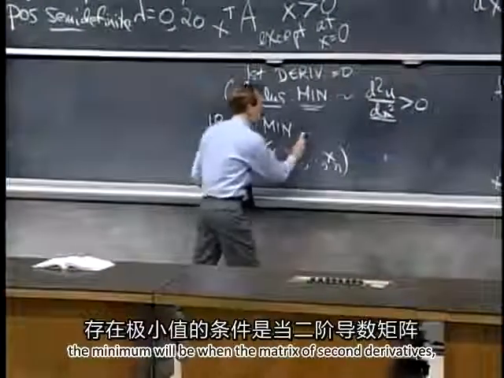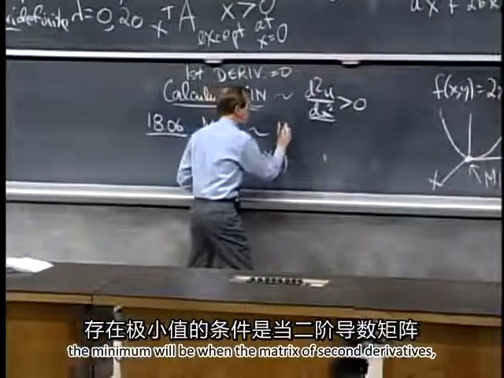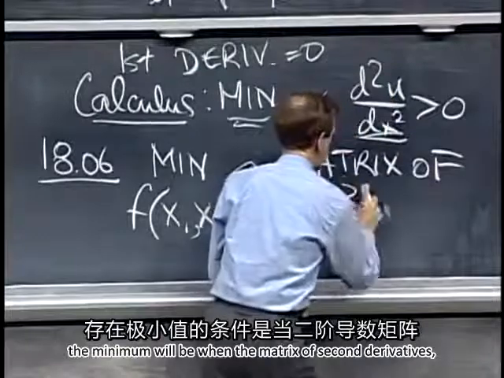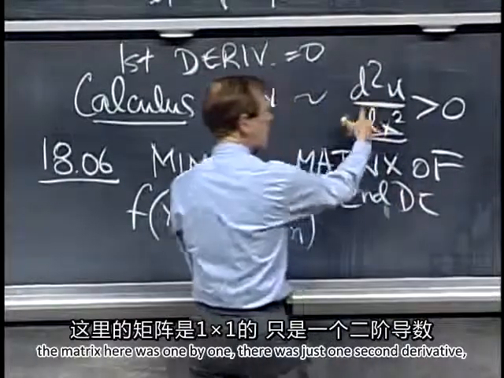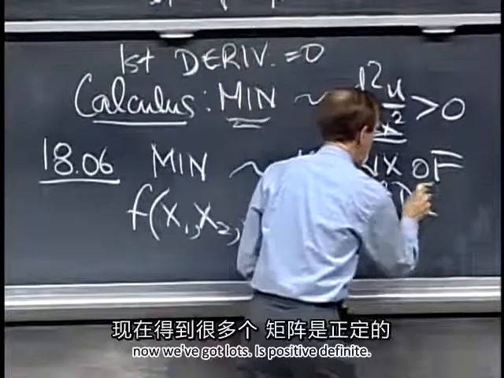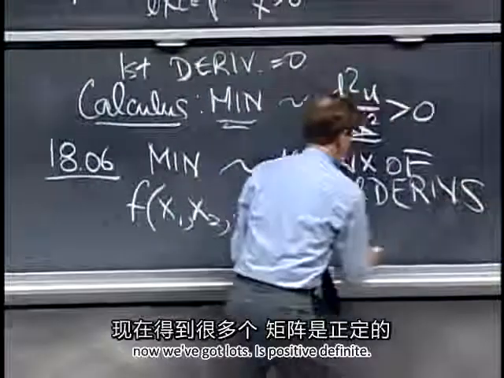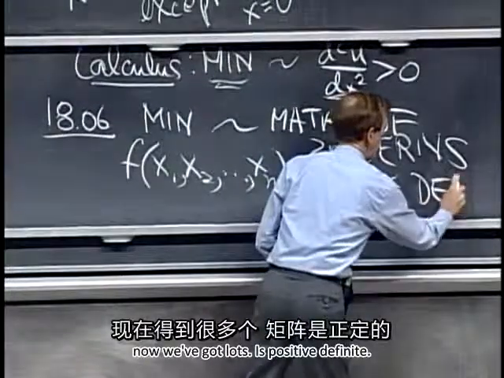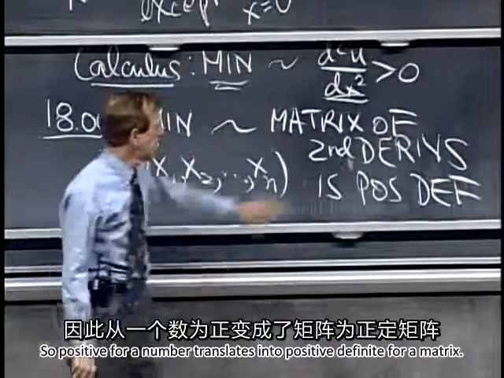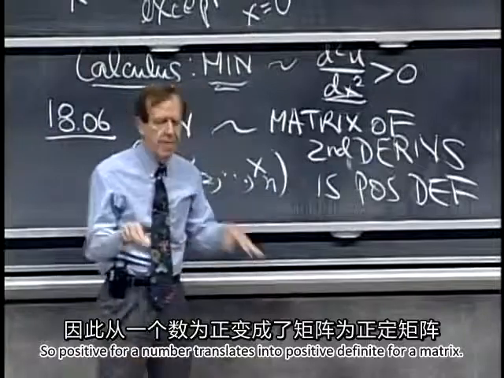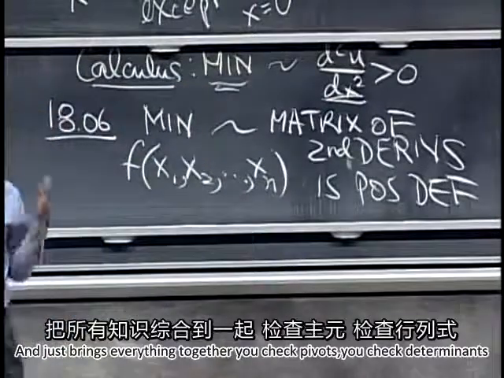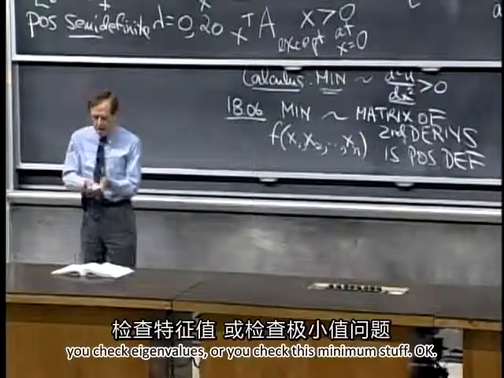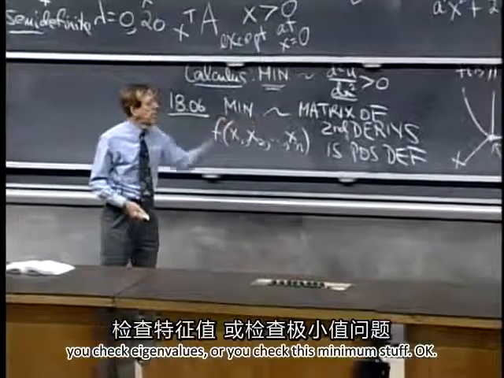The minimum will be when the matrix of second derivatives is positive definite. The matrix in calculus was 1 by 1, just one second derivative. Now we've got lots. So positive for a number translates into positive definite for a matrix. And it just brings everything together. You check pivots, you check determinants, you check eigenvalues, or you check this minimum stuff.